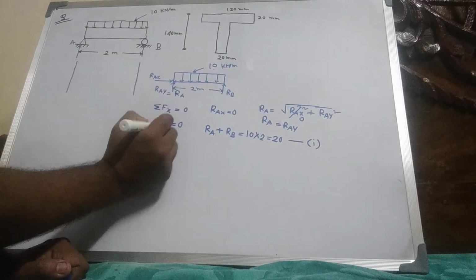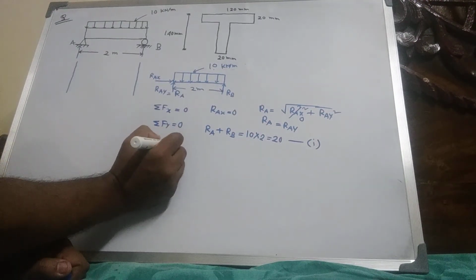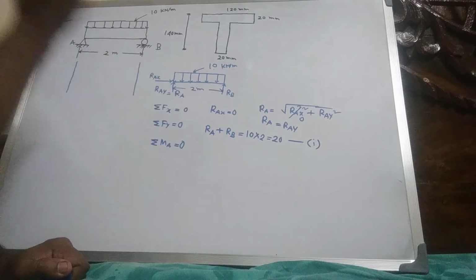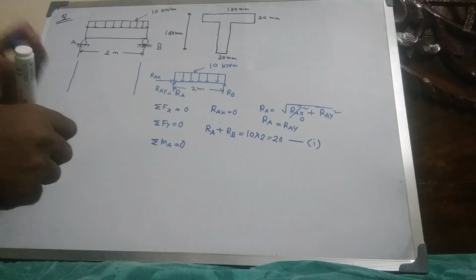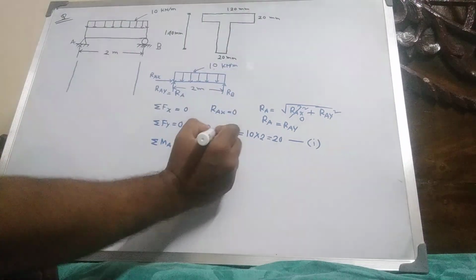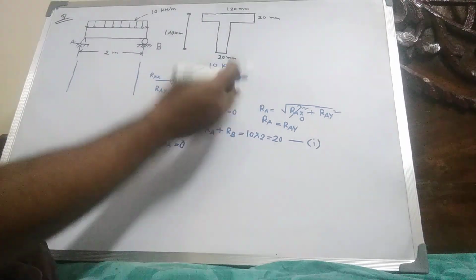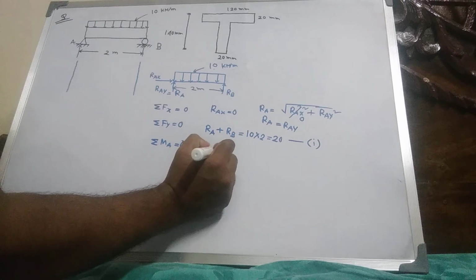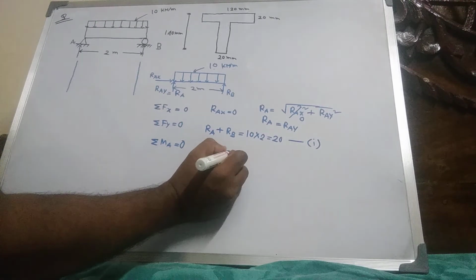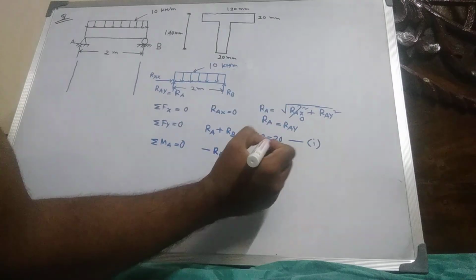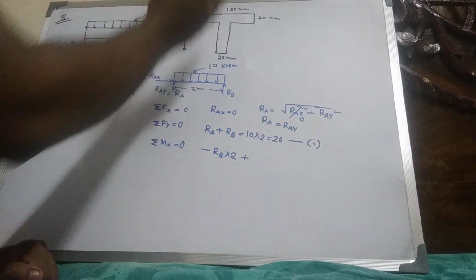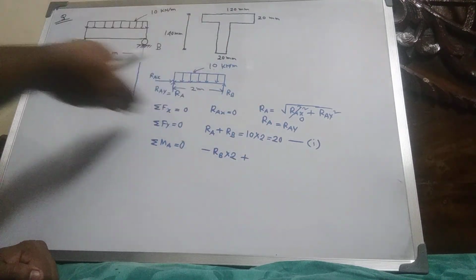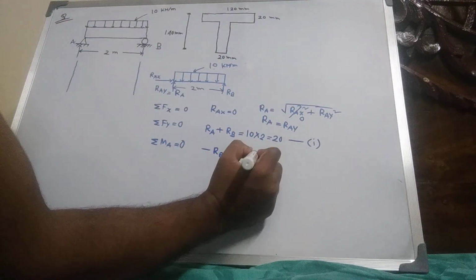Now the summation of moments about A. Suppose counterclockwise RB into 2, plus the 10 downward, clockwise sense, so positive.